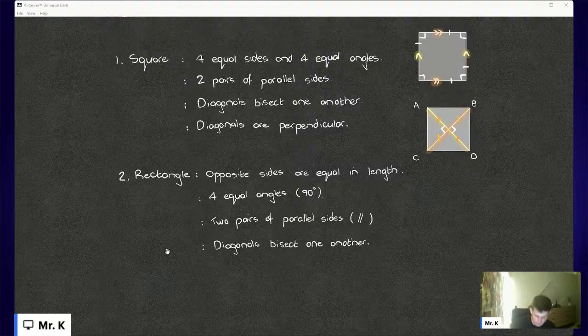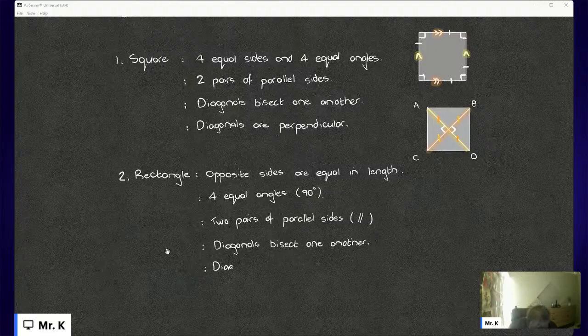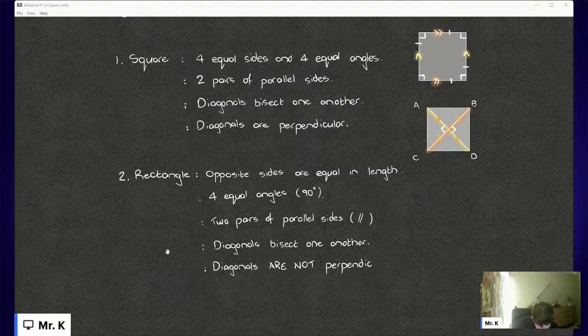Okay? But importantly, the diagonals are not perpendicular. Okay? Please remember that you must know the symbols for parallel and perpendicular. Right? The symbol for perpendicular is this in brackets. So we have the symbol for parallel and the symbol for perpendicular.